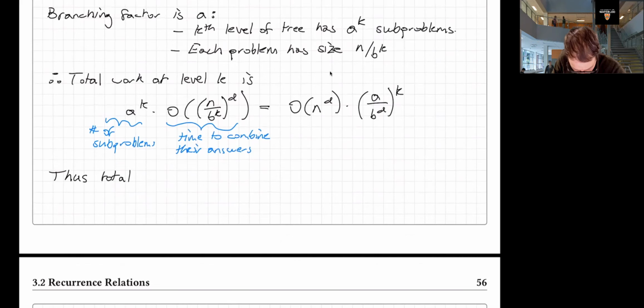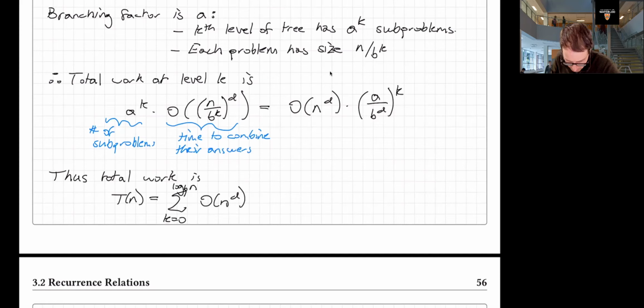So the total work T of n is the sum over all the layers of the tree, k equals 0 up to log base b of n, of big O n to the d multiplying a over b to the d all to the power of k.